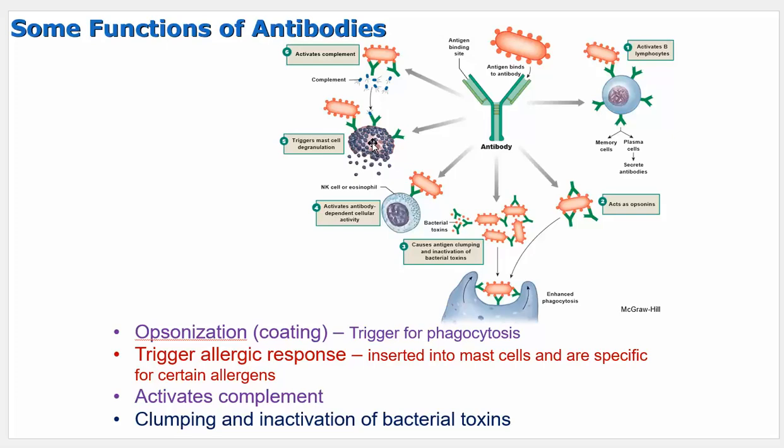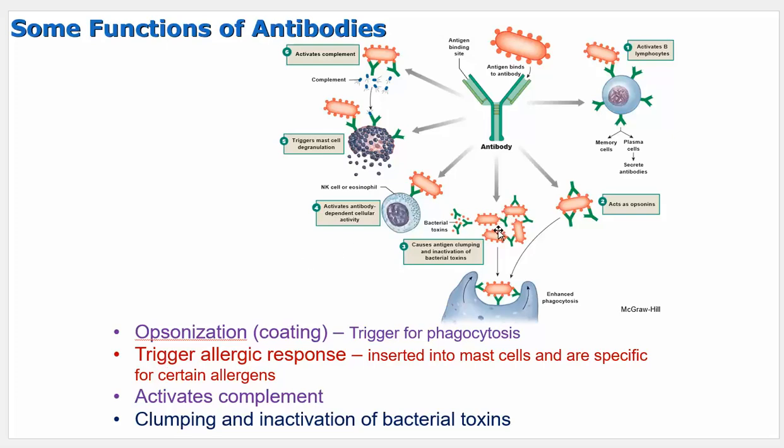But then if whatever that pathogen or foreign substance is binds to it, it's going to cause mass degranulation of the mast cell. And so that has things like histamine, heparin. It's also got some proteases, stuff like that, that's going to trigger an immune response. Okay, and that's kind of an allergy.